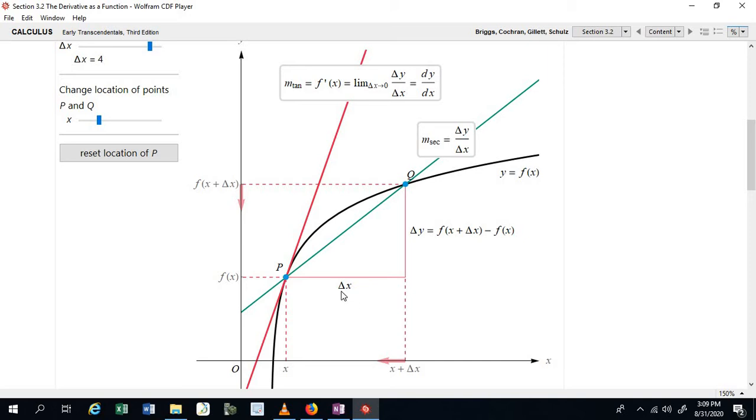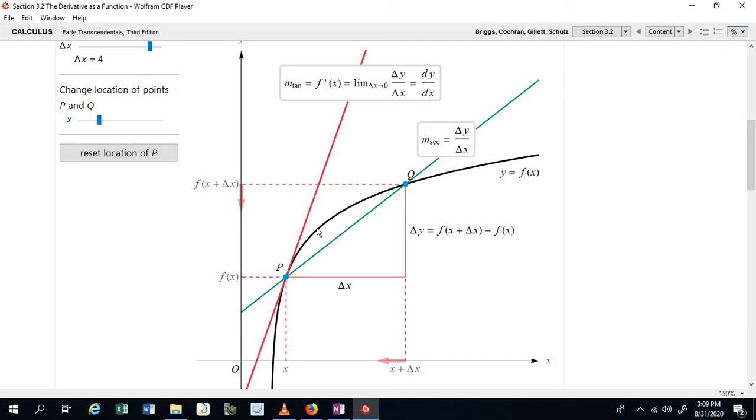Now delta stands for a change in some quantity. So delta x is a change in x. So starting with this x here, if we make this change in x, delta x, then that will be at this point here, x plus delta x. So then this ordered pair here at Q would be x plus delta x, comma, f evaluated at x plus delta x.